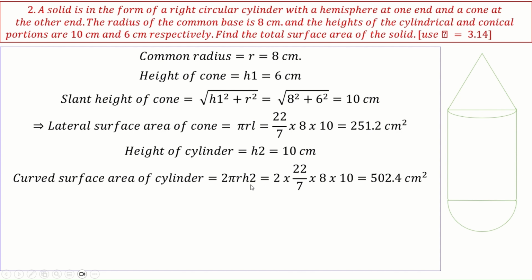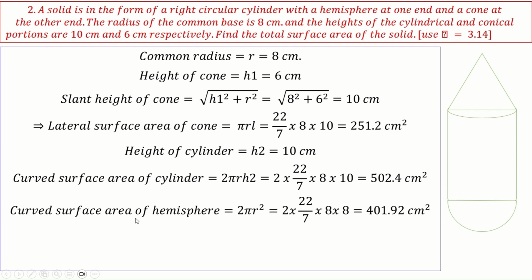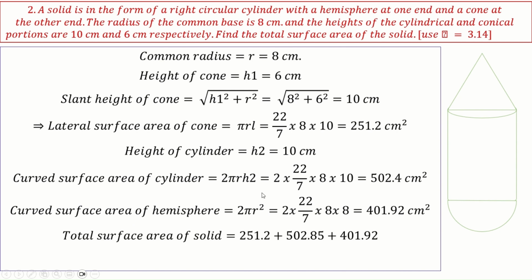H is H2 here. So the value is around 502.4. Curved surface area of the hemisphere is 2 pi r square. So that's this value. Now total surface area of the solid is the sum of all these. So this is the value, 1155.52 centimeter square. Next.